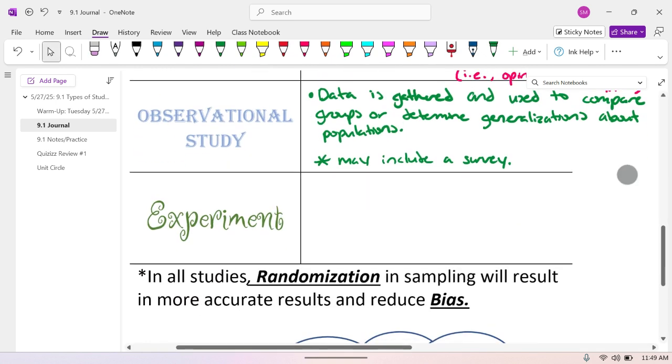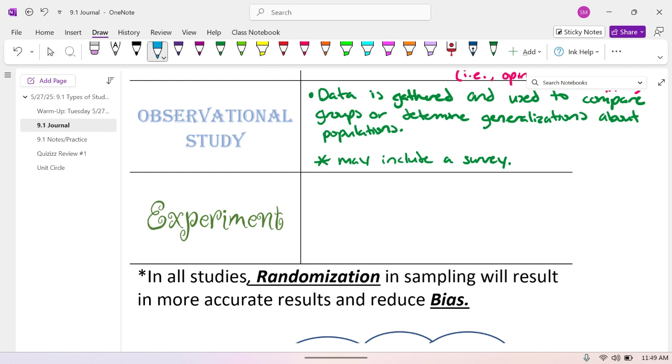Now, experiment, that's where science comes in. This is probably what you do the most of in science class or in any type of scientific study.